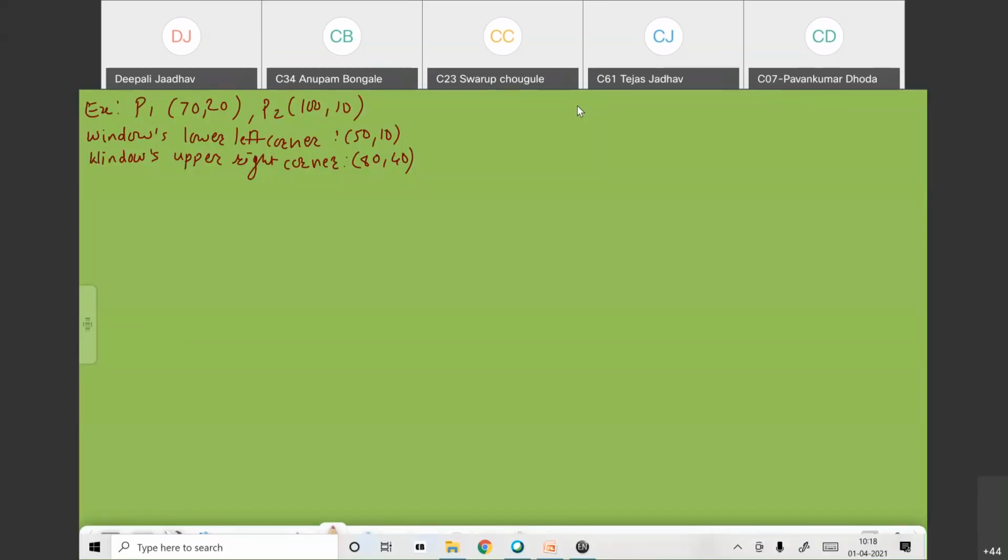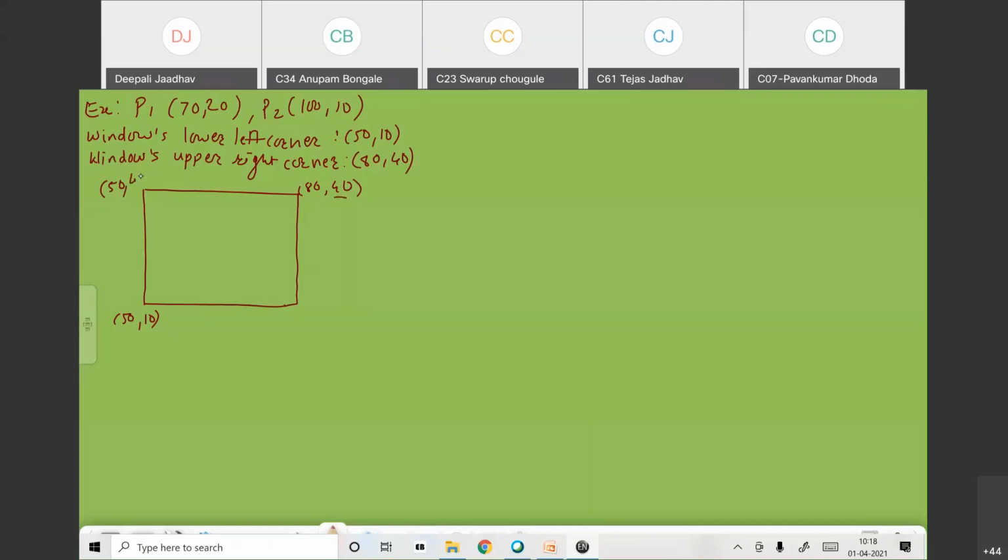So first I am going to draw the window. What is given here? The lower left corner is 50, 10, and the upper right corner is 80, 40. So 80, 40 and 50, 10. In this way, the upper left corner, XL is 50, and Y top is 40.